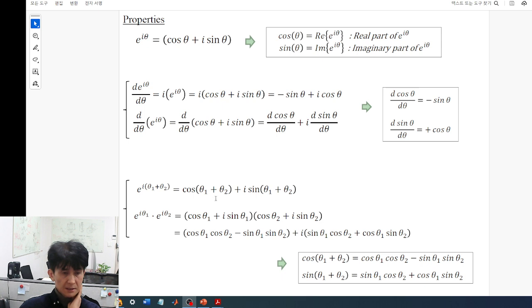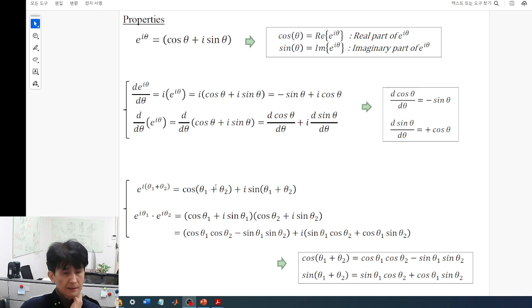So cosine of theta 1 plus theta 2 should correspond to this real part, and sine of theta 1 plus theta 2 should correspond to this one. So we can easily prove that cosine of theta 1 plus theta 2 is cosine theta 1 cosine theta 2 minus sine theta 1 sine theta 2. And sine of theta 1 plus theta 2 becomes like this.